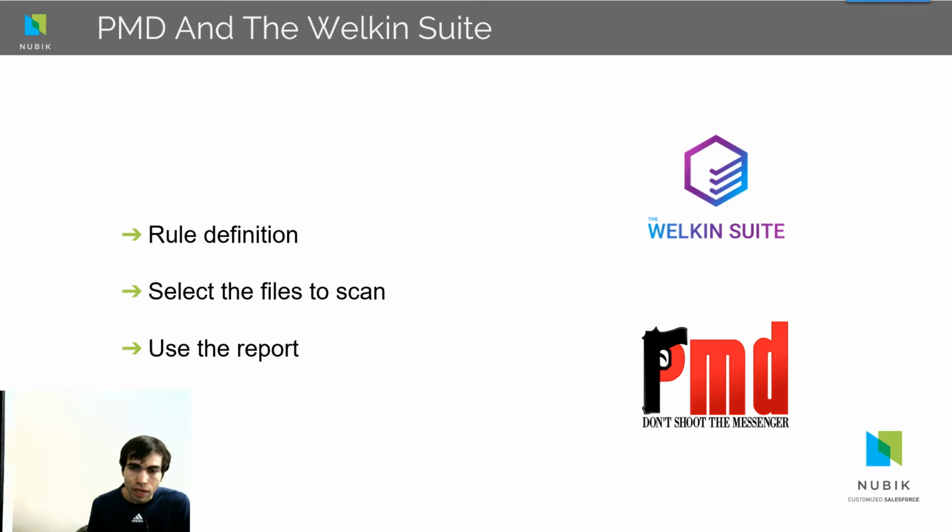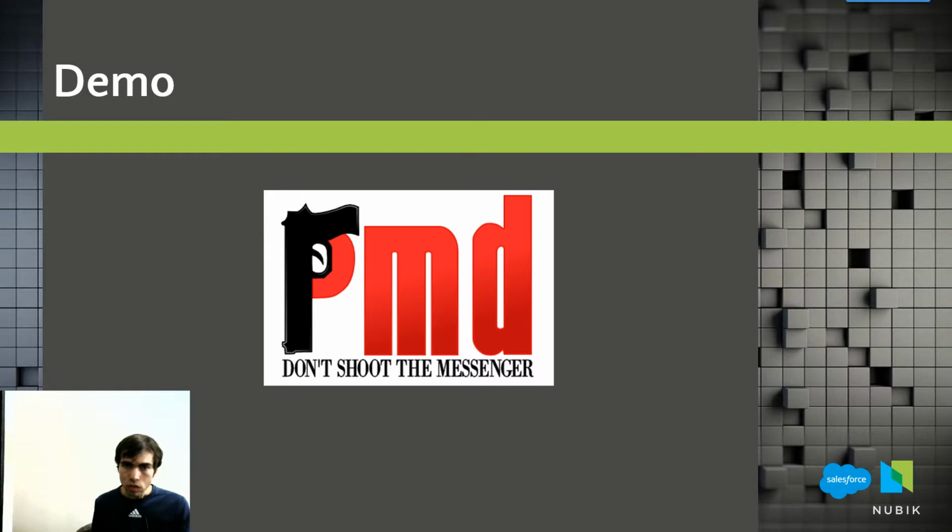And finally, you will need to know how to use the report, because in the end this tool will report something to you, and you will be in charge of correcting the issues. Basically, you need to understand the errors, or the messages that the report gives you, in order to go through your code and fix the problems that you could have.